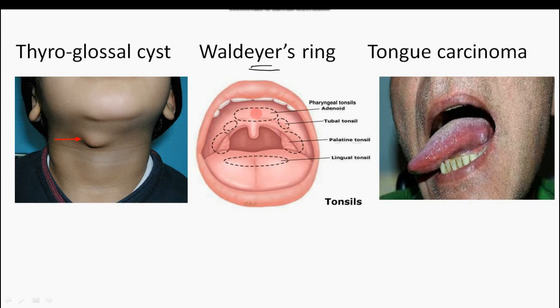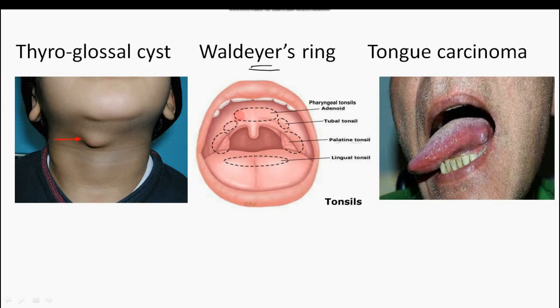Here we see the pharyngeal tonsil, and laterally two tubal tonsils, and laterally two palatine tonsils, and inferiorly the lingual tonsil.